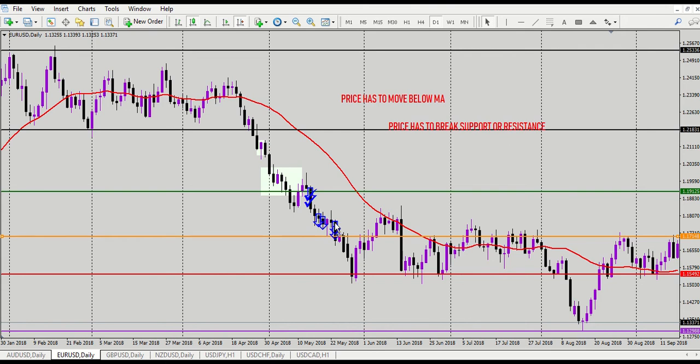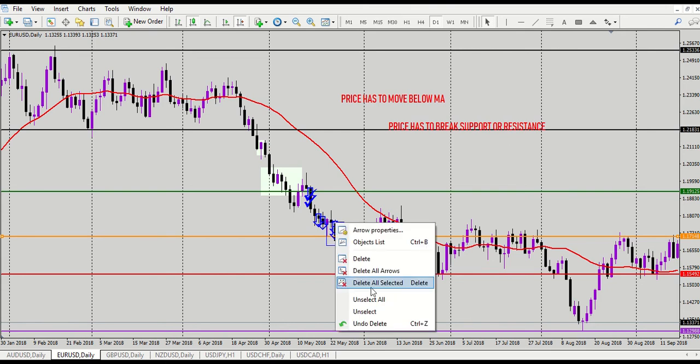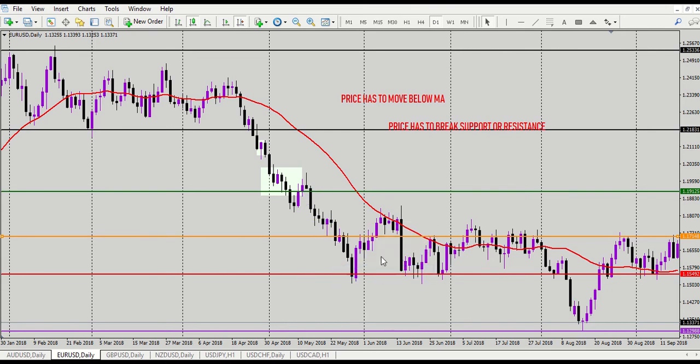Where is my box? It doesn't want to show me here, so let's delete all arrows. My little box is not there, but we would have taken profit at about this candle here. Then we wait for another signal based on candlestick analysis. That's when we start taking our trades again.